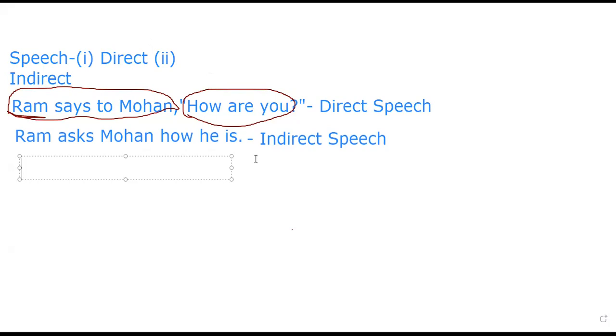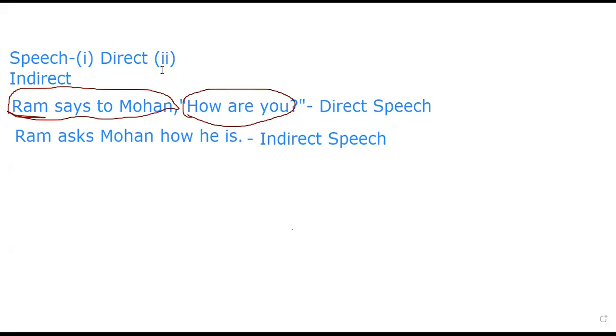Before changing direct speech into indirect speech, you need to know certain rules. Then only you will be able to do this change.